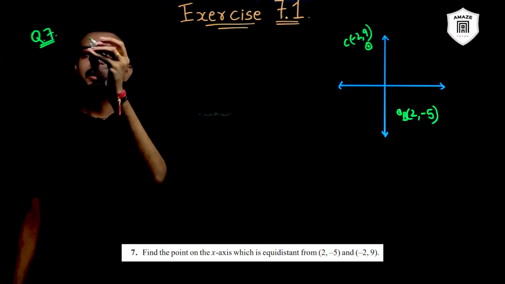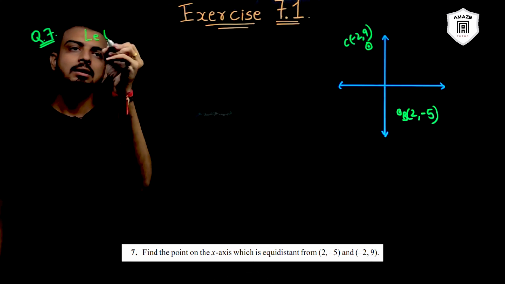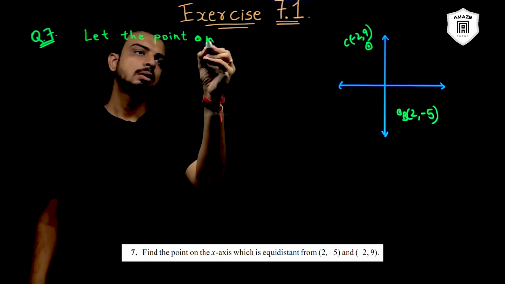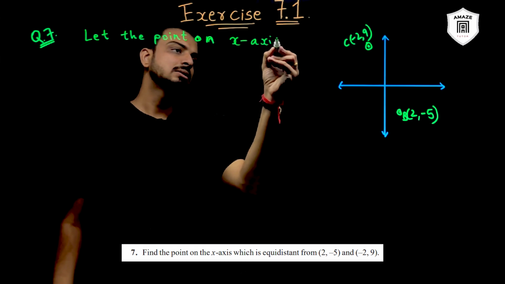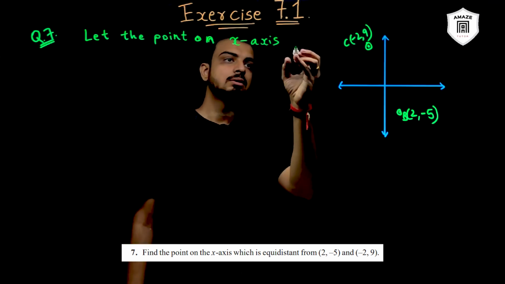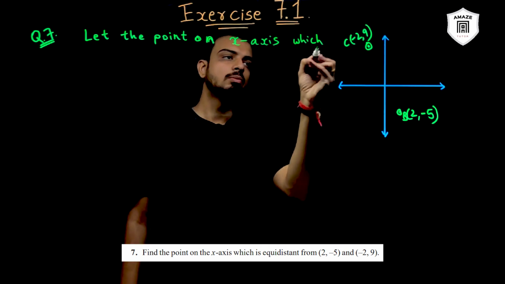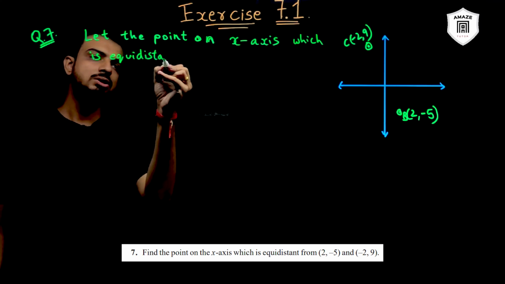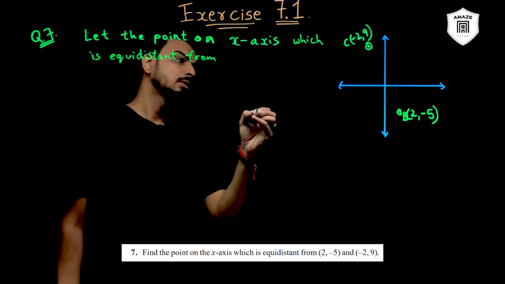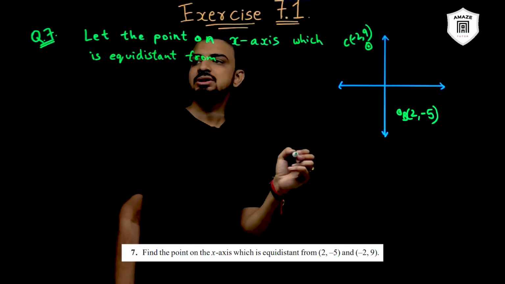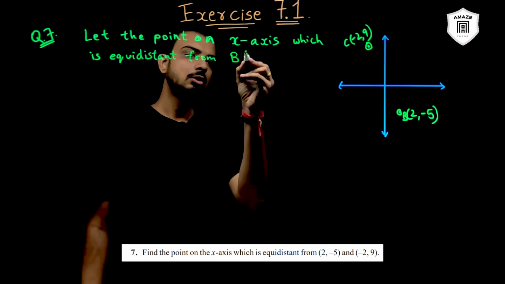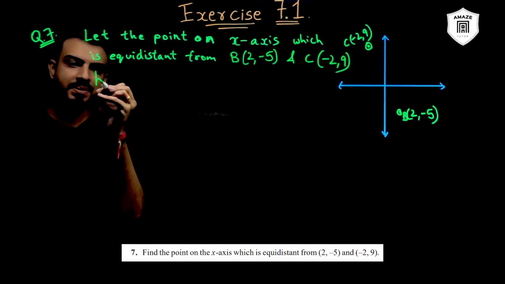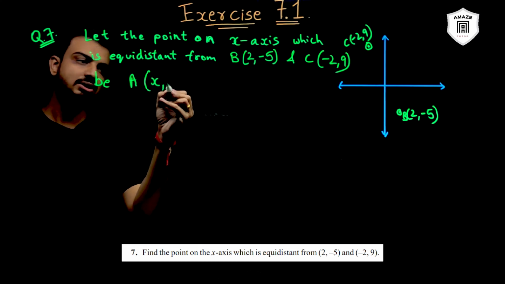So let the point on the x-axis which is equidistant from B (2 comma minus 5) and C (minus 2 comma 9) be A (x comma 0).